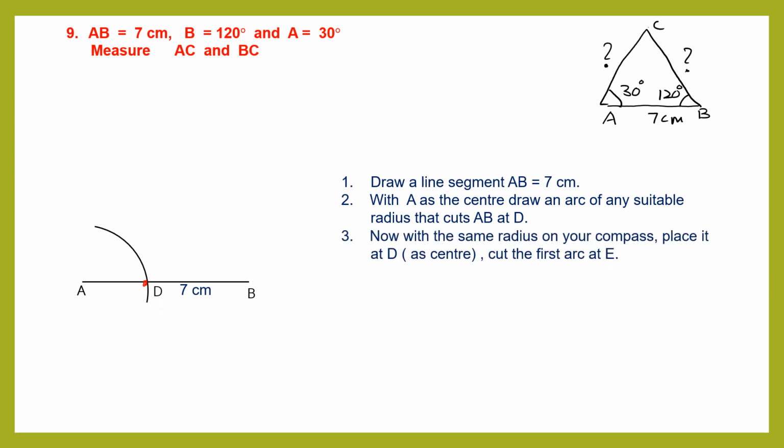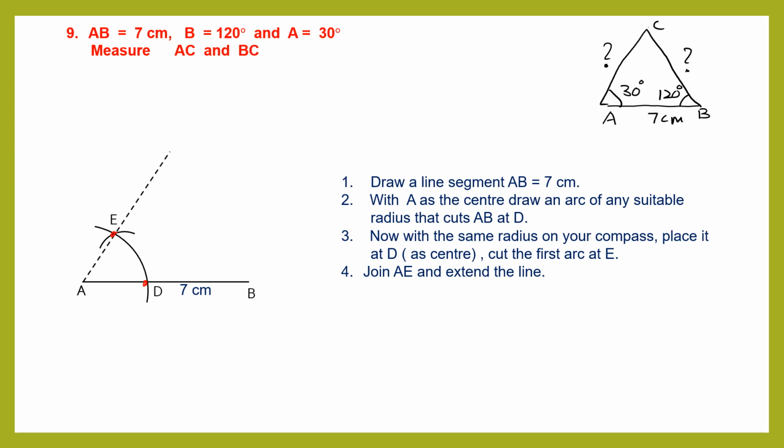Now with the same radius, place your compass at D and cut the first arc. We've cut the first arc at a particular point, and that point is going to be named E. Join AE.